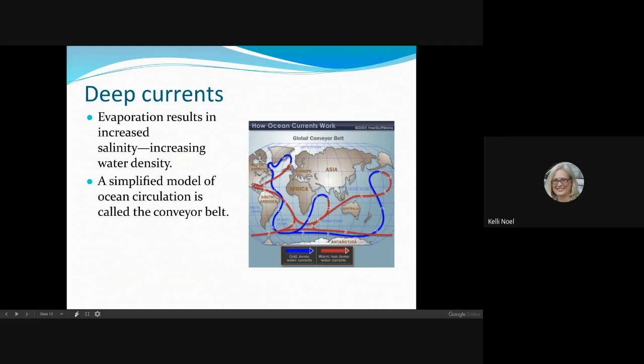So, it's going to increase water density. And this sort of creates what we call a conveyor belt because you've got water that's slowly moving, like that image with the little rubber duckies, that's slowly moving. As things follow the current, eventually they will be moved around in these currents.